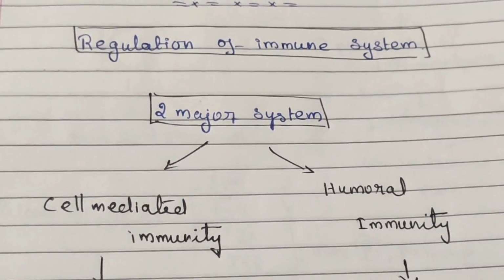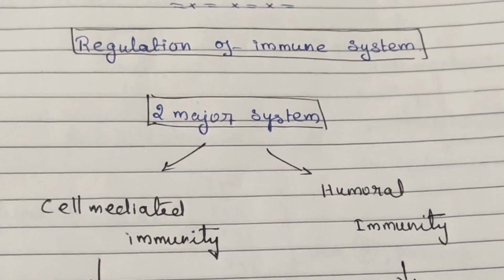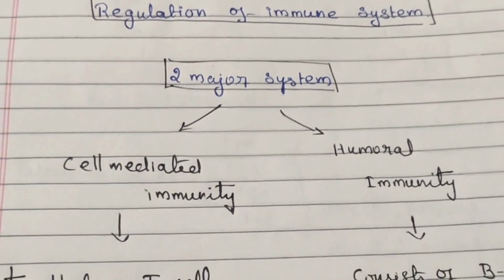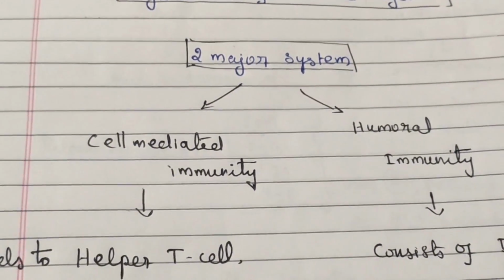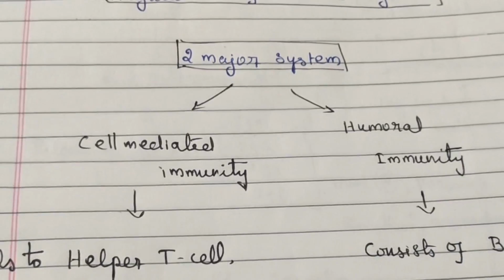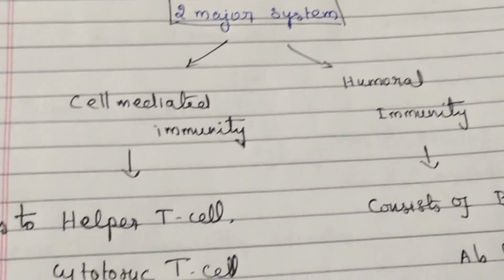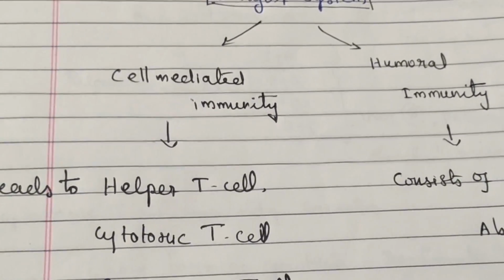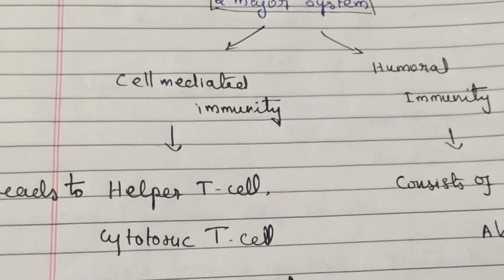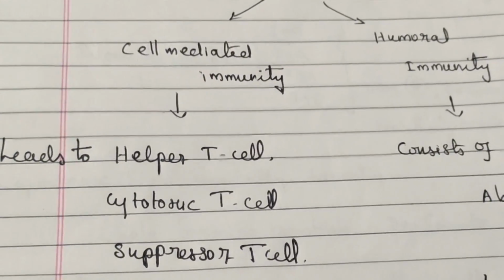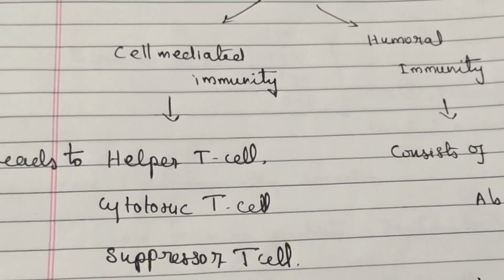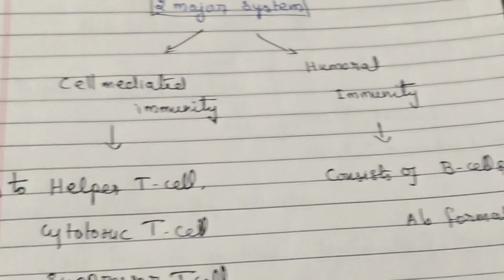As we know very well, we have two major systems. One is cell mediated immunity, and the other is humoral immunity. Cell mediated immunity involves the helper T cell, cytotoxic T cell, and suppressor cell.